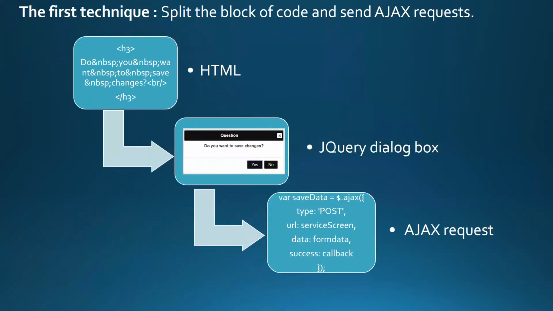The message produced by this procedure is returned in HTML, which is sent back to the browser, where it is processed by simple JavaScript code into a jQuery dialog box. Then an AJAX request is made to send the response, like yes or no, from the dialog box to the J server.